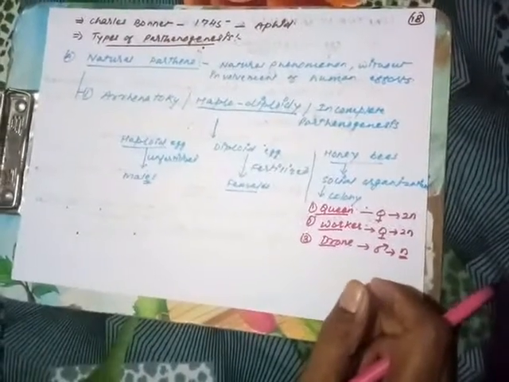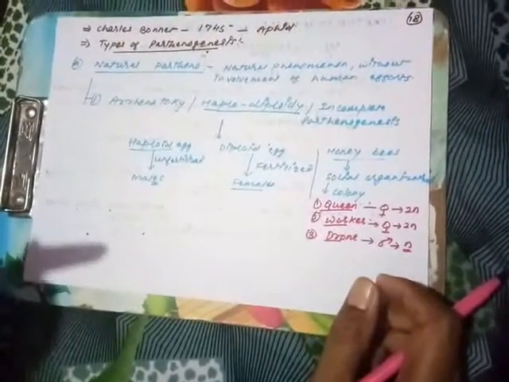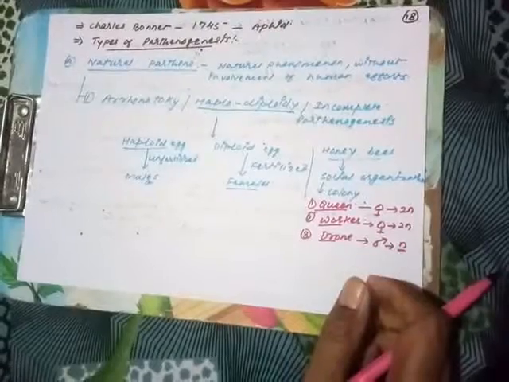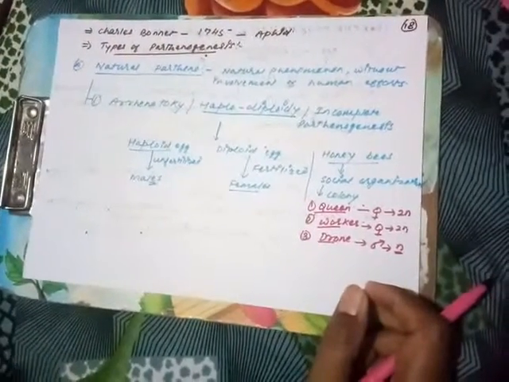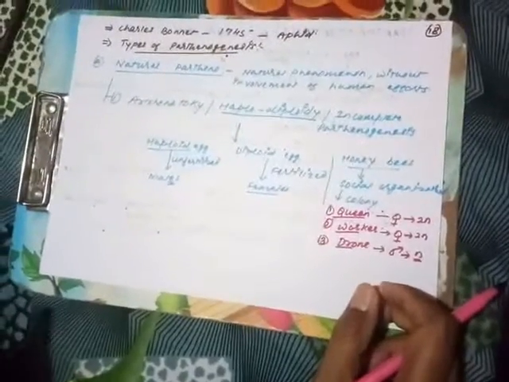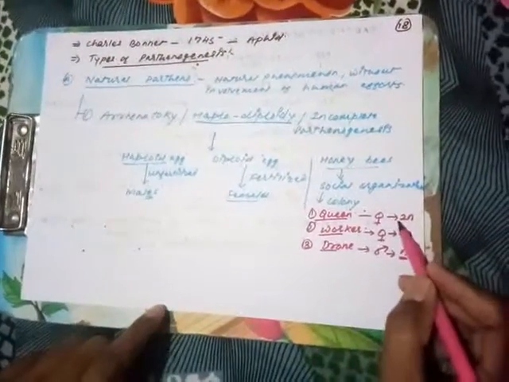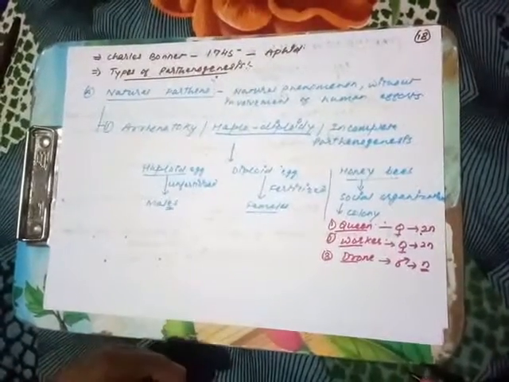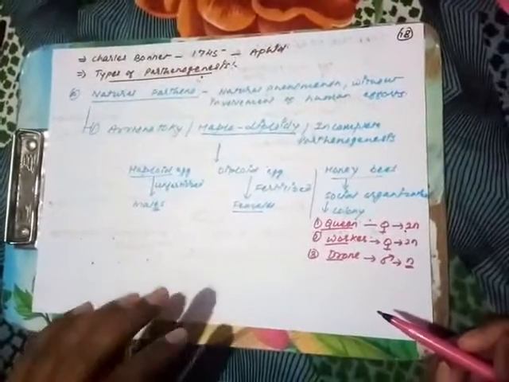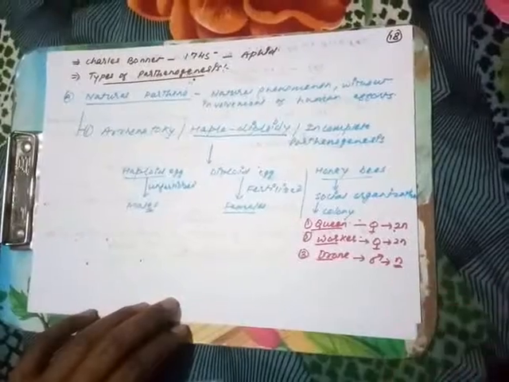And remember, a few minutes ago I made it clear to you that parthenogenesis may work as a tool for sex determination. Here you can easily observe how parthenogenesis is working as a tool of sex determination. Are you getting my point?